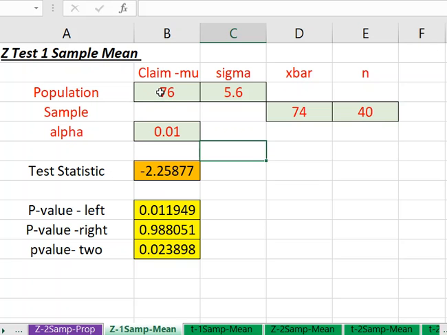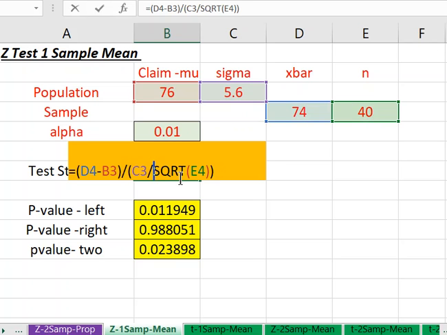I put a 76 as my claim, my number. My sigma is 5.6. My X bar is 74. My N is 40. I put in my alpha, 0.01. I get a test statistic. Remember the formulas that I gave you for test statistics. You can calculate it out, but there's the formula written in terms of Excel.